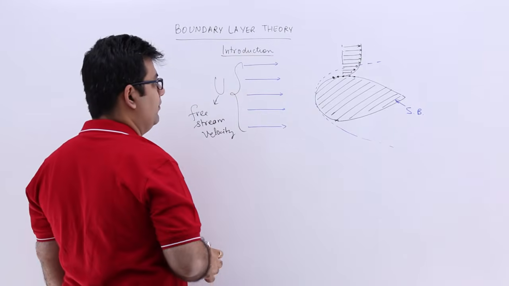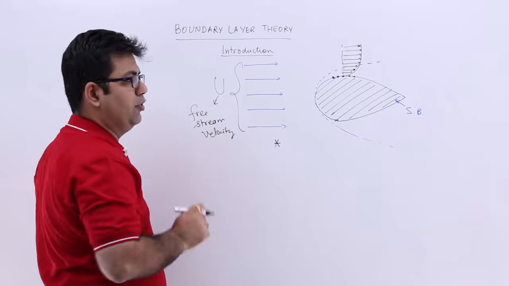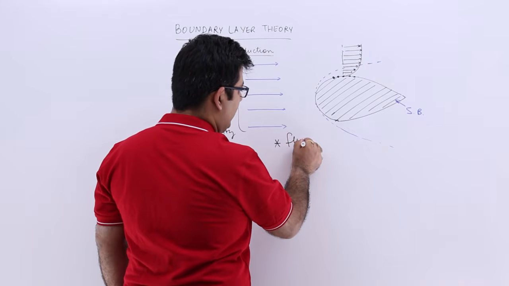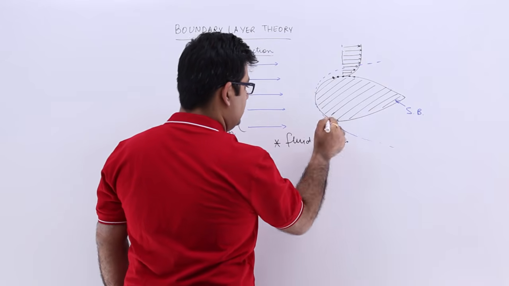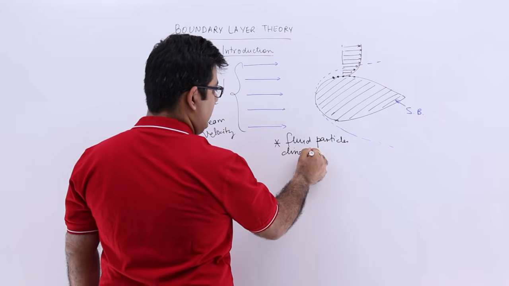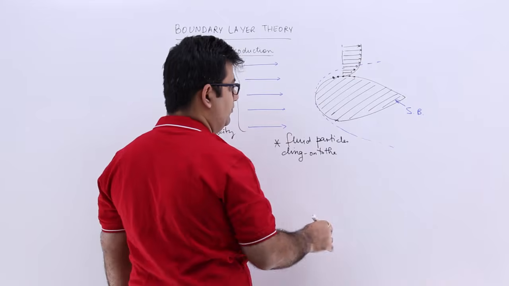So we can make a generalization out of this: as a real fluid flows over a solid body, fluid particles cling on to the surface of the body.